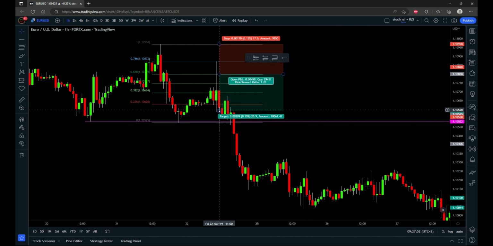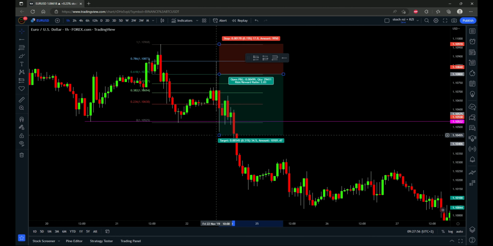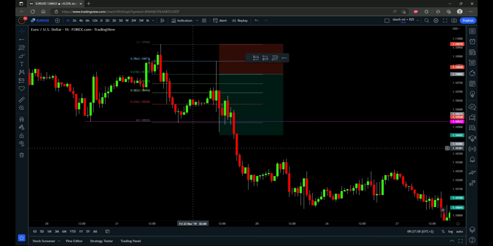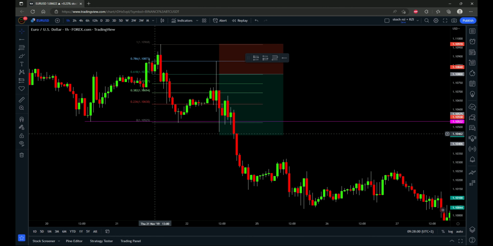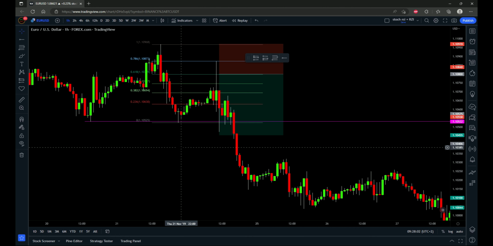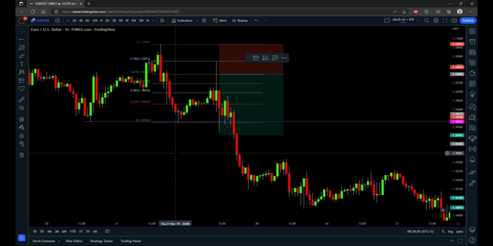So the stop loss placed to that high before the move down and then targeting a 1-to-2 risk to reward ratio. And I'll go through just one or two more examples to just kind of clarify everything, make it as clear as possible.